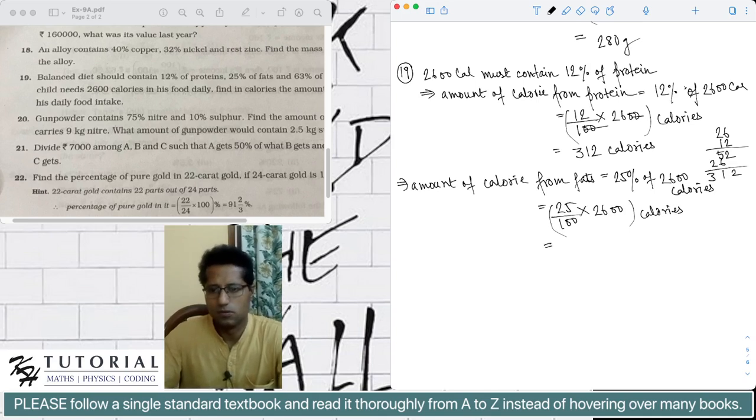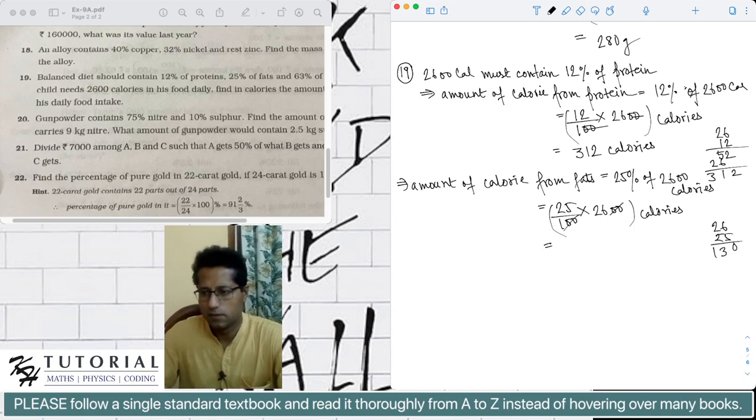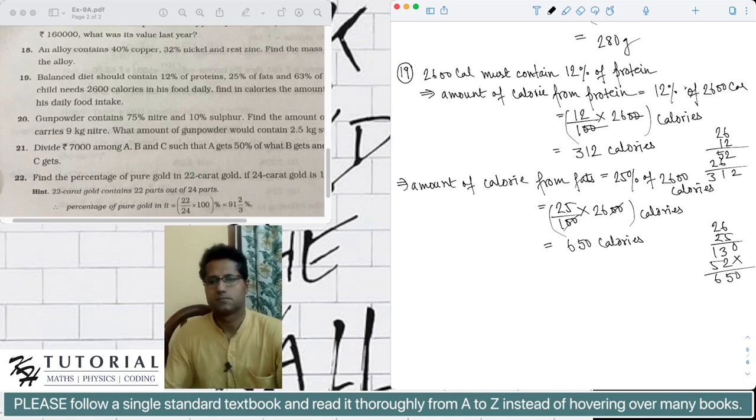So 100 cancels out. Now 26 multiplied by 25, 650. So 650 calories is coming from fat.